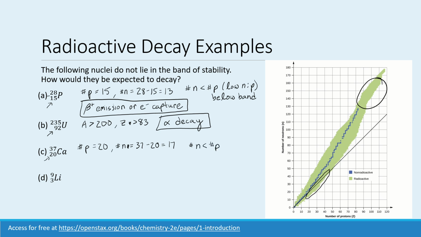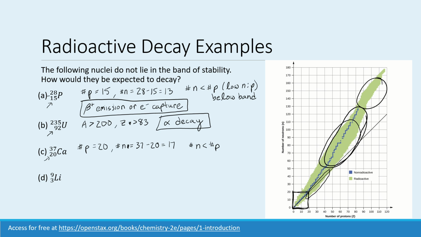Now remember, as you get heavier, anywhere in this region here, or even up here, you would expect the number of neutrons to be greater than the number of protons, so you have to look in a little more detail. But if we're at about 20 protons or less, down here at the bottom corner, you have about a 1-to-1 ratio.